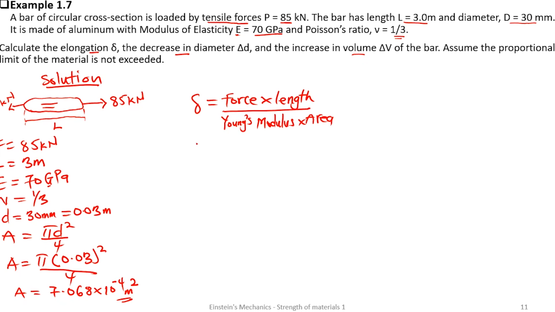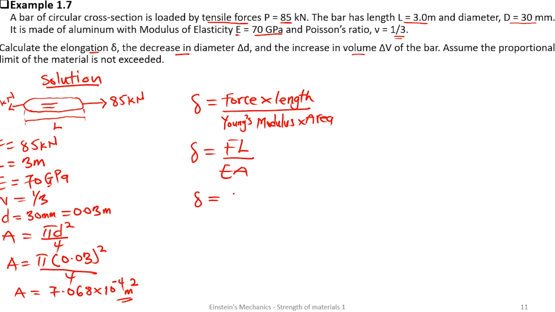So it can be given as elongation is FL on EA. But we have all these parameters, so we can just go straight forward.